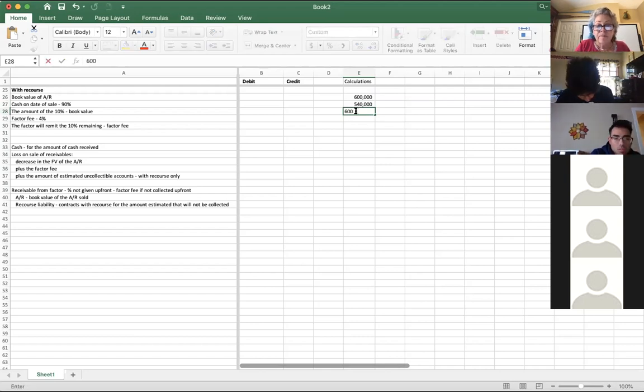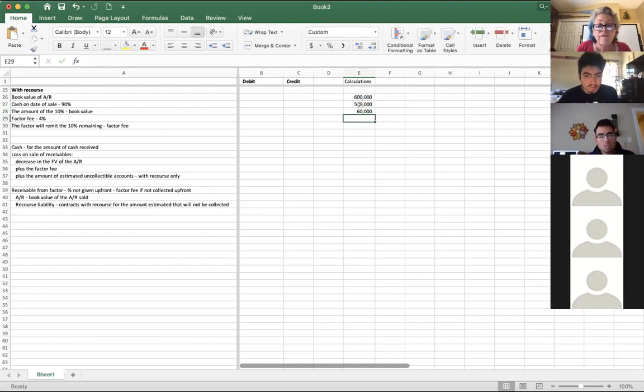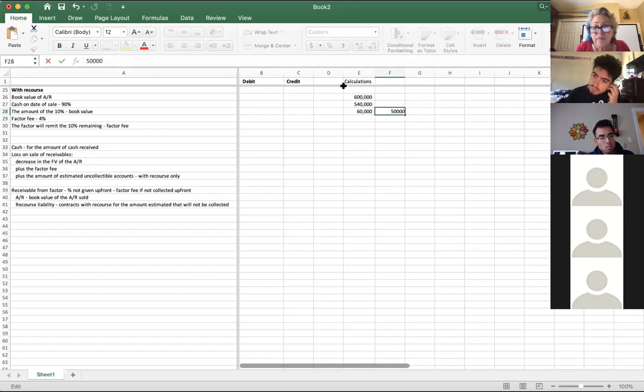60,000 is the book value of the remaining 10%, but 50,000 is the fair value of the remaining 10%.